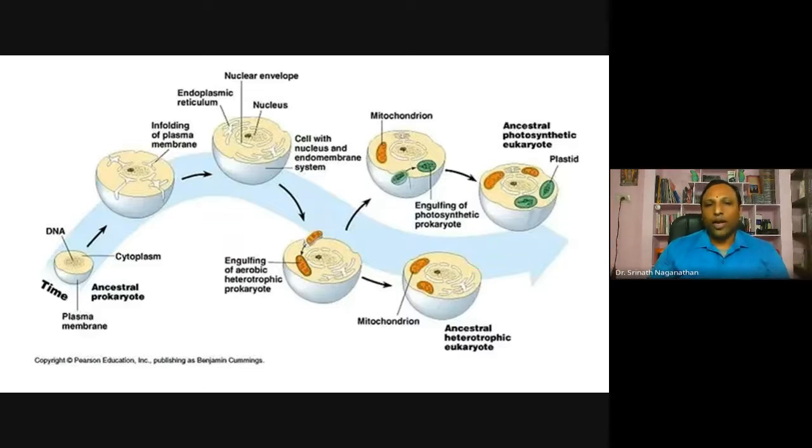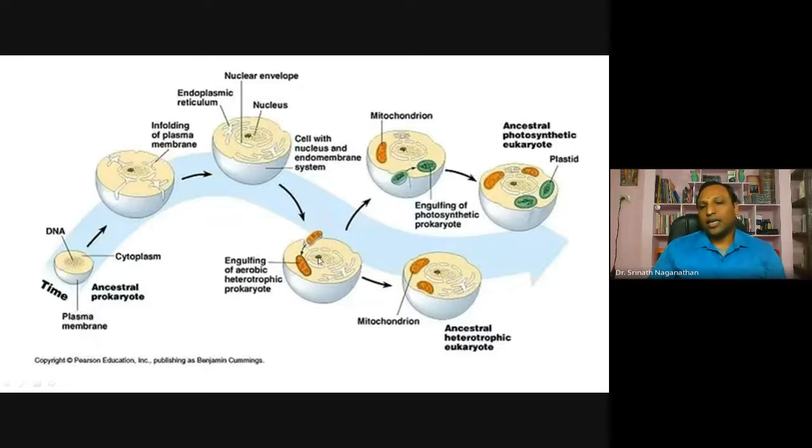Due to this infolding in the evolutionary process, they became cells with a nucleus with nuclear envelope and endoplasmic reticulum. The cell with the nucleus and the endomembrane system was formed. Later, by engulfing aerobic heterotrophic prokaryotes, the mitochondria developed.